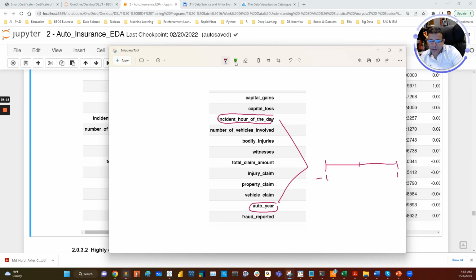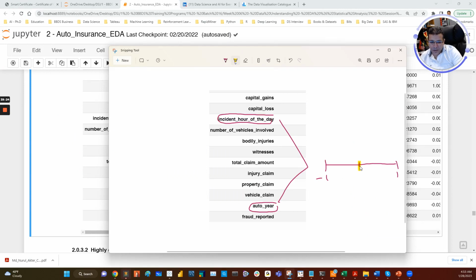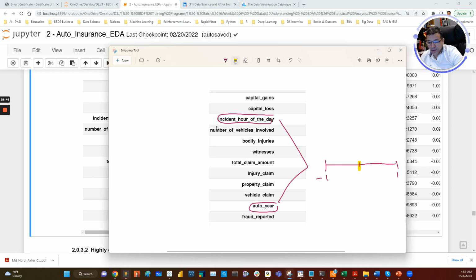It is somewhere closer to 0. So I don't think there is going to be any issue removing them, because they don't have any influence on the target variable. Okay, and now we need to look for the correlation between x and y.